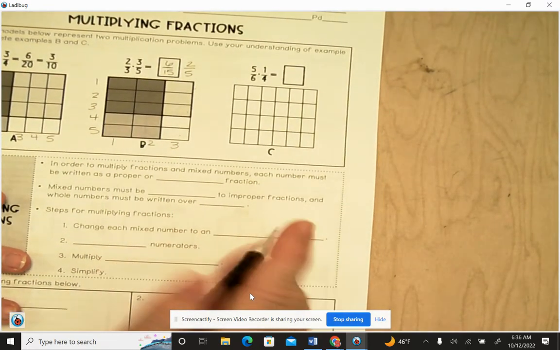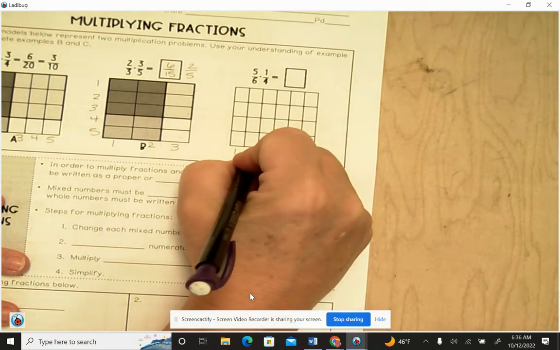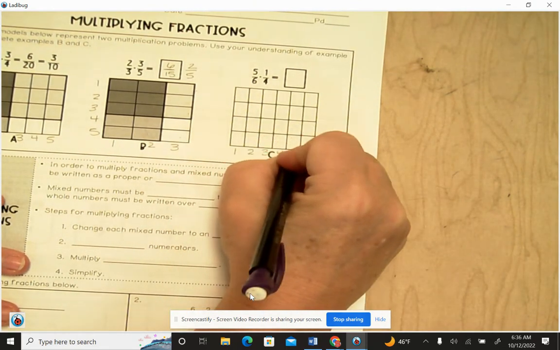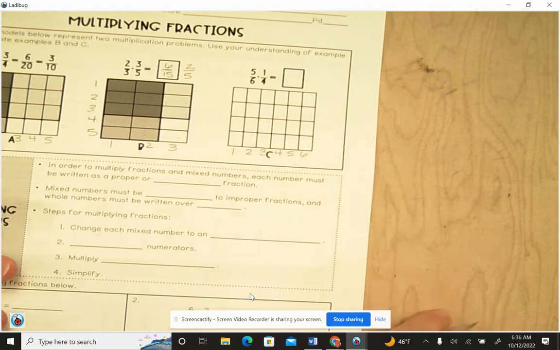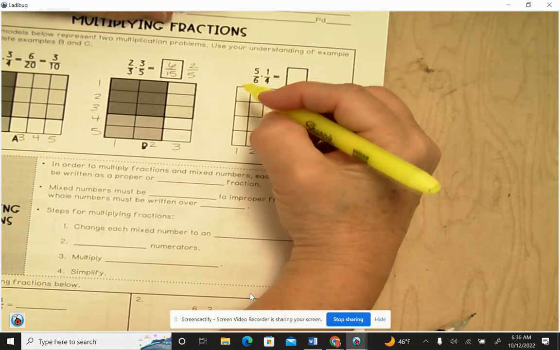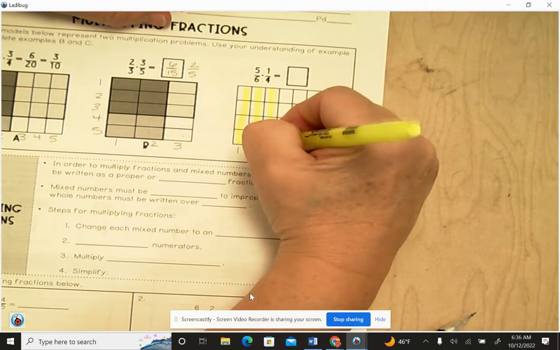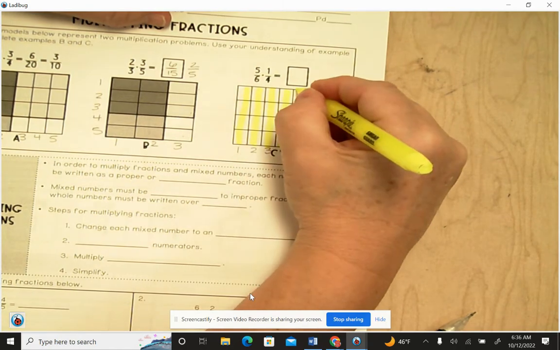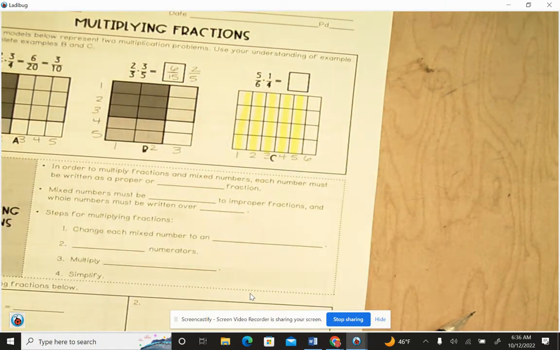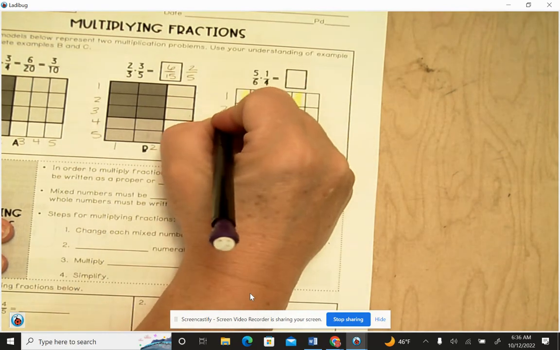All right, here we've got 5/6. So we've got 1, 2, 3, 4, 5, 6. And I'm going to take my highlighter and I'm going to color or shade 5 of those 6. All right, and then we've got it times 1/4.